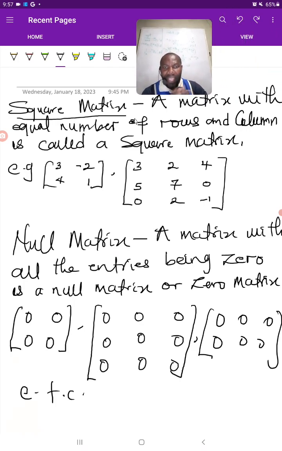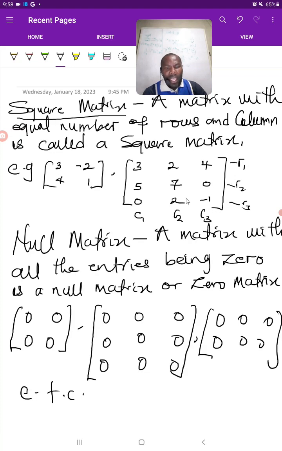We have the square matrix. A matrix with equal numbers of rows and columns is called a square matrix. This one has 1 row, 2 rows, 1 column, 2 columns. This one is row 1, row 2, row 3, column 1, column 2, column 3.